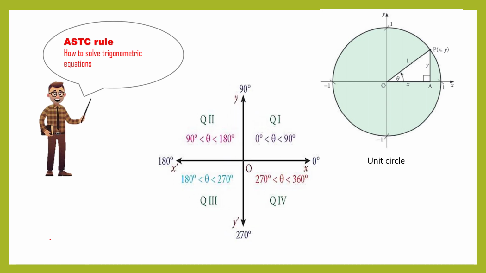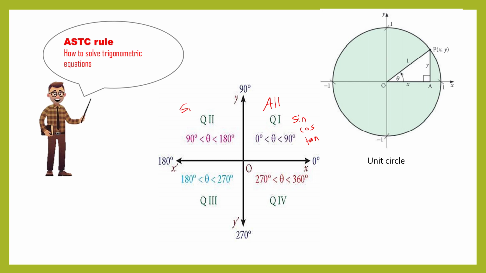Here is the asterisk rule. Whenever the angle is between 0 and 90, all trigonometric ratios are positive. So A for all: the values of sine, cosine, and tan are positive. What about if the angle is between 90 and 180 degrees?